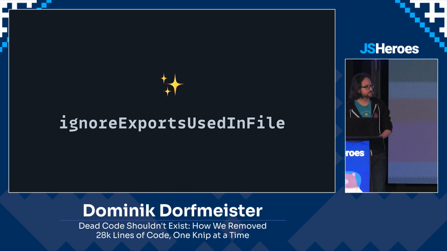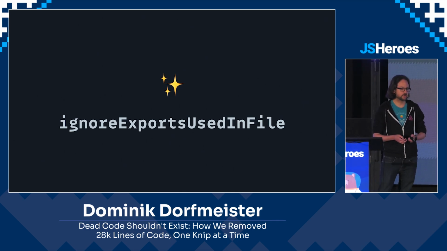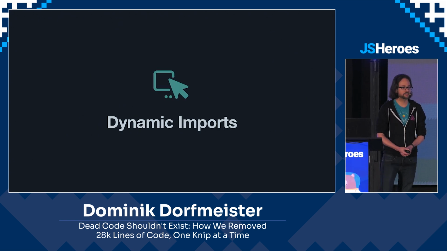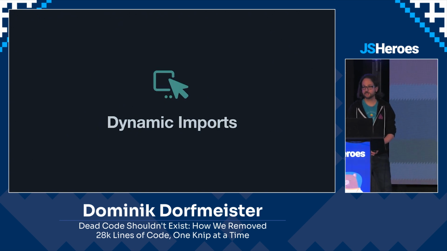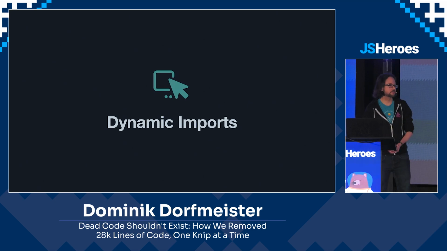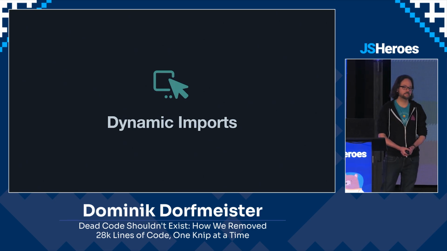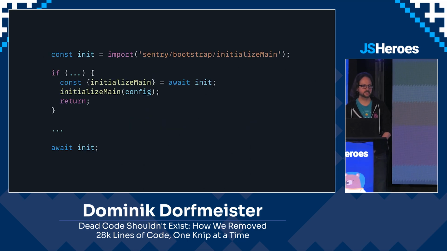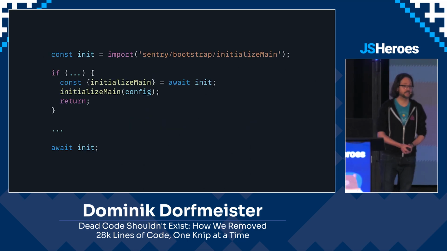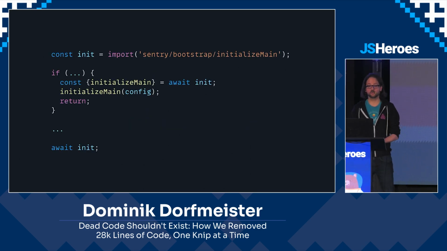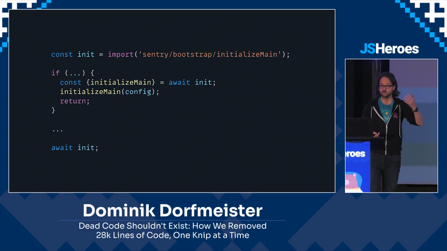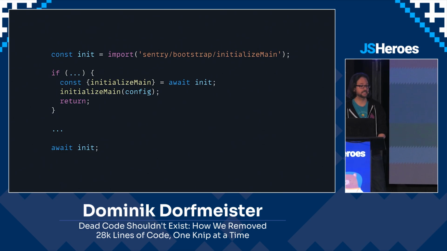Now, apart from influencing how we work, we also had some technical issues that we ran into that I quickly want to share with you. One of them is about dynamic imports. Dynamic imports generally work well with Knip, but there were some edge cases where it didn't pick up on something. For example, we had this init file, one of our entry points, where we trigger a dynamic import promise early on purpose, and then we await it conditionally later.